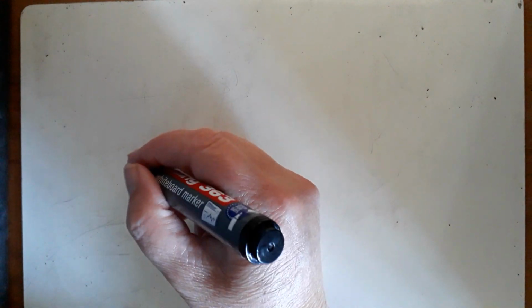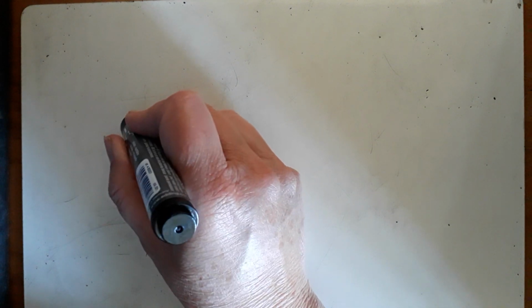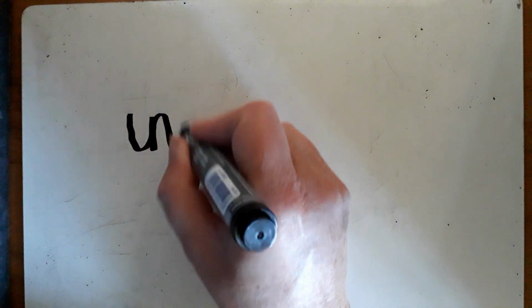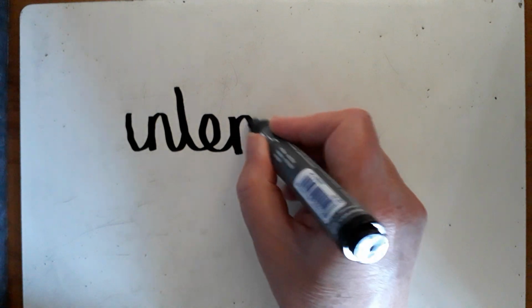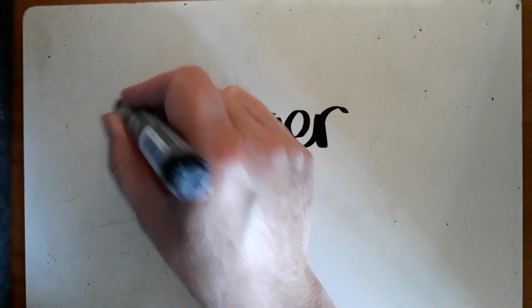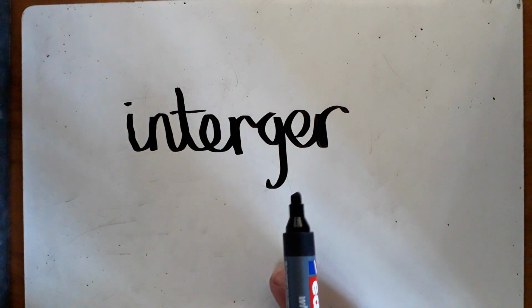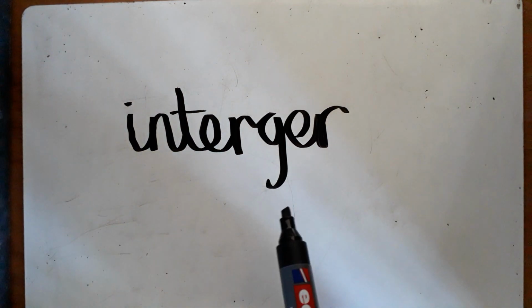I think most of it is quite straightforward today, except they're introducing a new mathematical word, which is integer. An integer is a whole number.